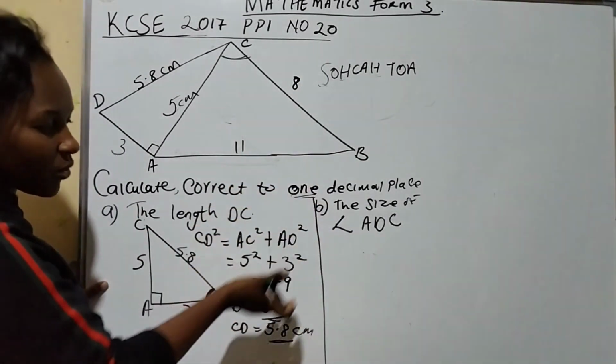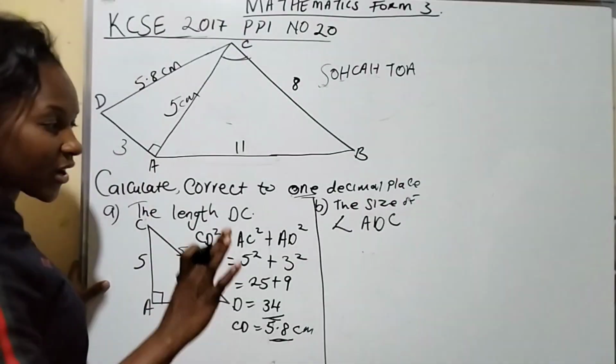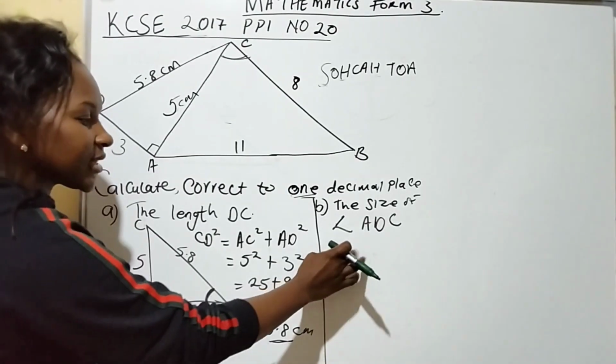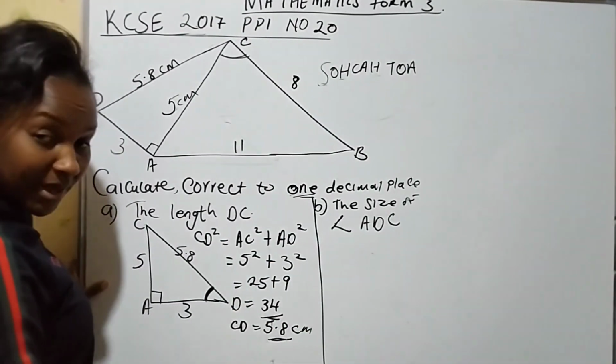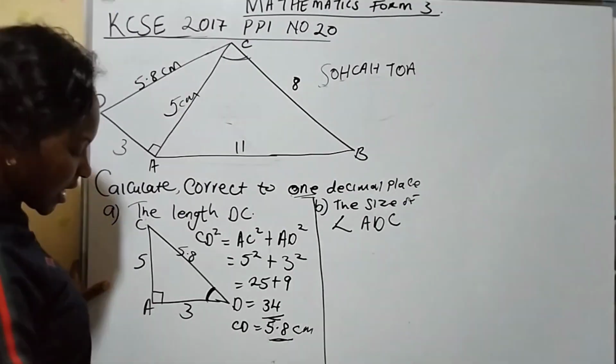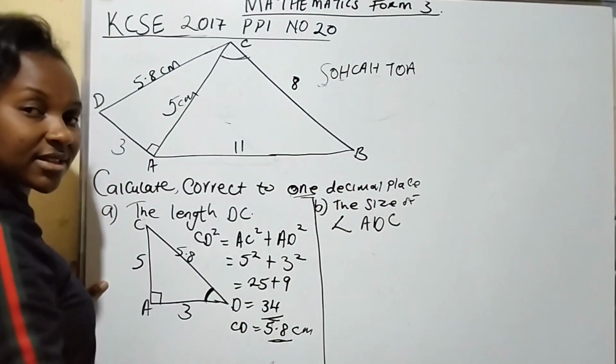Even if we use it, we are supposed to get the same answer, but to be very careful, it is advisable to use the measurements that the examiner has given us. So now we are going to use the tan. Tan is convenient for us.